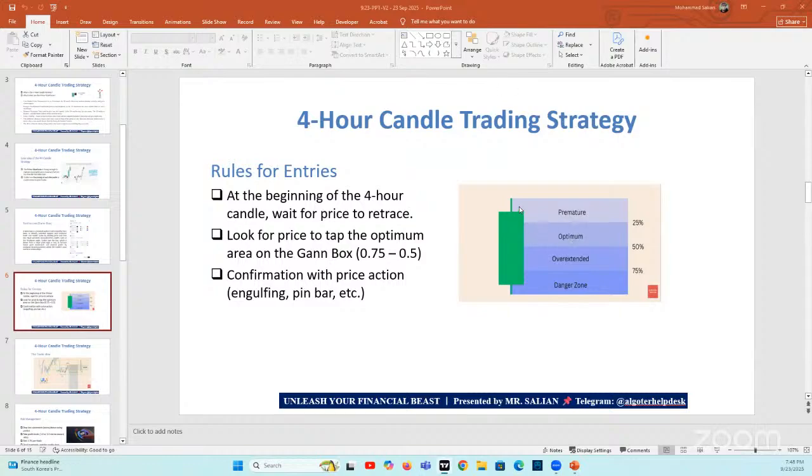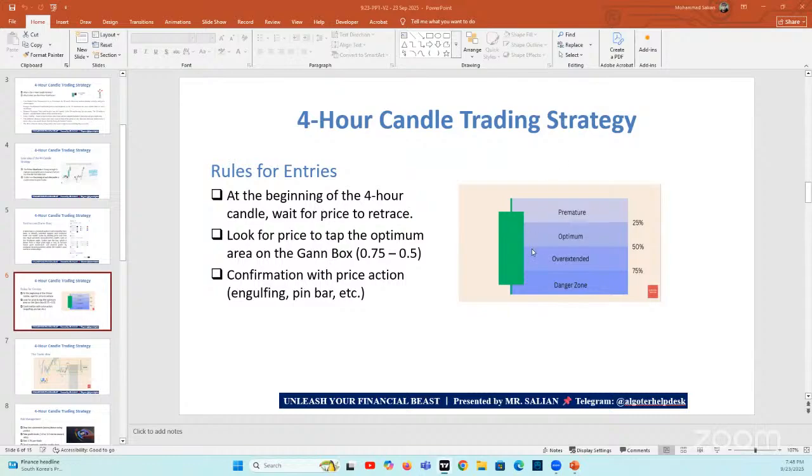But the majority of the time, it will go in the optimum area. Sometimes it will go in the overextended area, below 50 and above 75, react there, and then go to the moon.